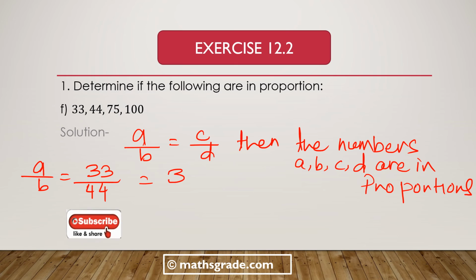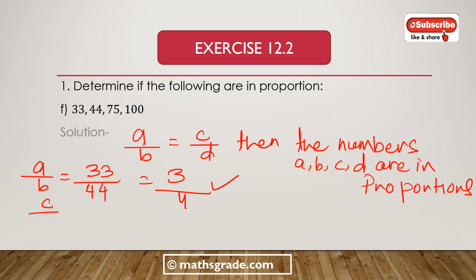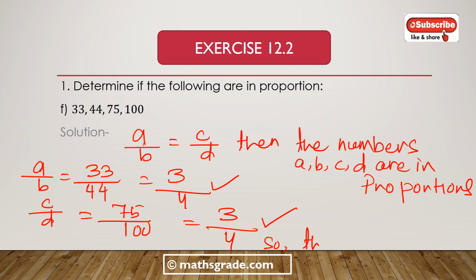That is 11 3s are 33, 11 4s are 44. And C divided by D is 75 divided by 100. That is 25 3s are 75 and 25 4s are 100. 3 divided by 4 equal to 3 divided by 4. A divided by B and C divided by D are equal. So these are in proportion.